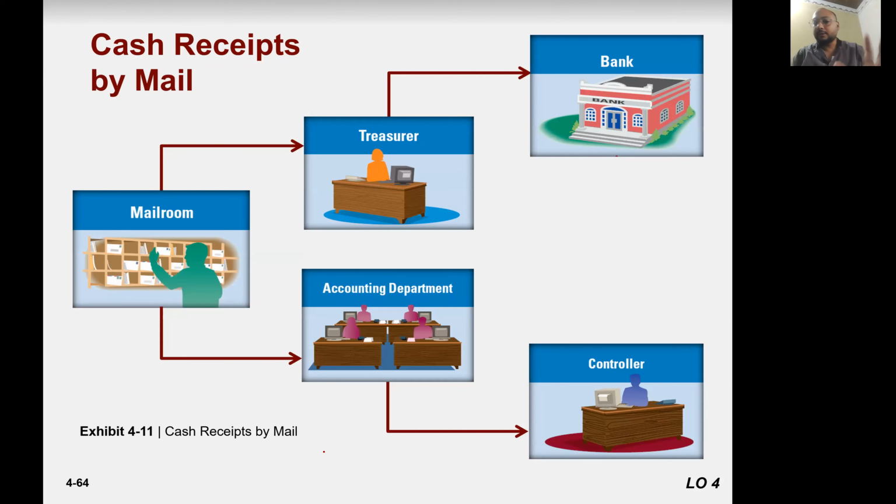So this is a flow chart here. Remember, when you receive cash through the mail, you either receive checks or cash. There are going to be two effects. First, the person who is receiving or has the responsibility to take out the cash must inform the accounting department and deposit to the treasurer, and the treasurer is responsible to deposit to the bank, right?